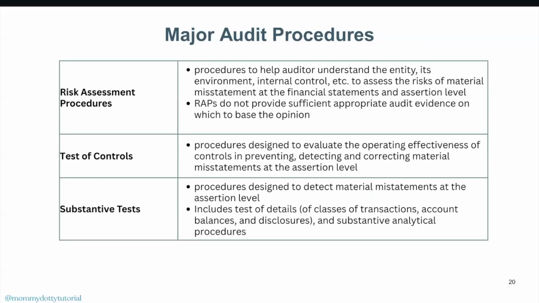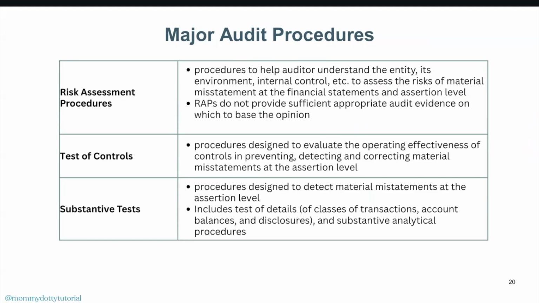The auditor always performs risk assessment procedures to provide a satisfactory basis for the assessment of risk at the financial statement and assertion levels. This is basically like a high level. This is the initial one. So the auditor would know where to focus. The higher the risk, that's where they're going to focus more energy and efforts.